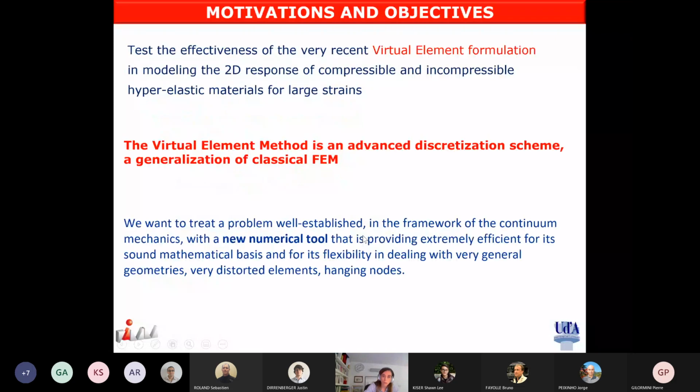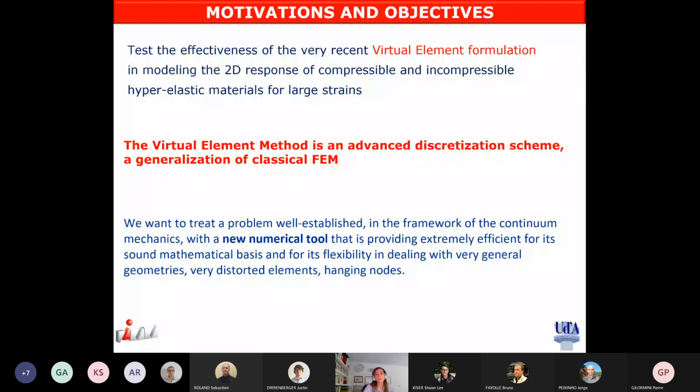We want mainly to test the effectiveness of the very recent virtual element formulation in modeling problems, restricted at the moment to 2D cases, considering compressible and incompressible hyperelastic materials undergoing large strains. The virtual element method is an advanced discretization scheme, an alternative to the finite element method that can be defined as a generalization of the classical finite element method.